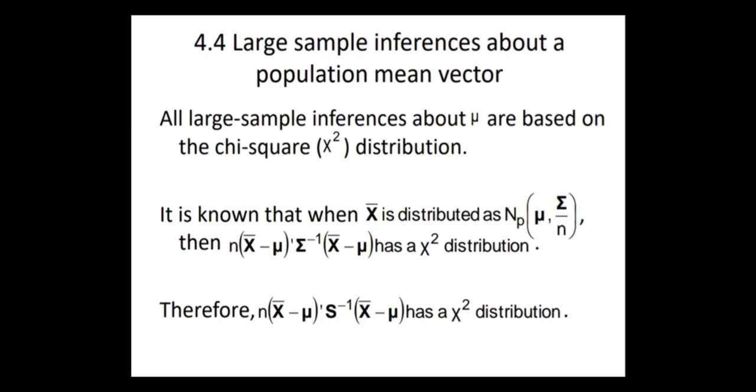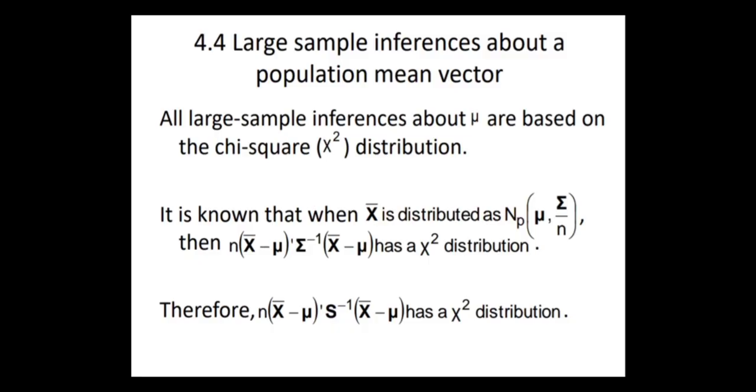Okay, so this topic is about the large sample inferences about a population mean vector. As you know from your previous knowledge, when the sample size is large, the test hypothesis and the confidence region for the mean can be constructed without the assumption of a normal population. You also know that before this, the serious departure from a normal population can be overcome by large sample size.